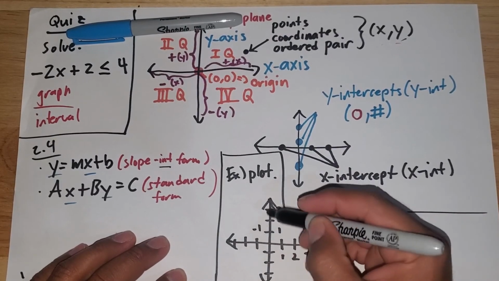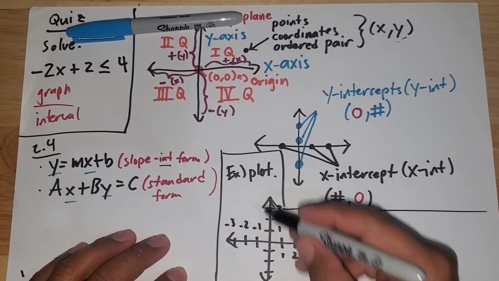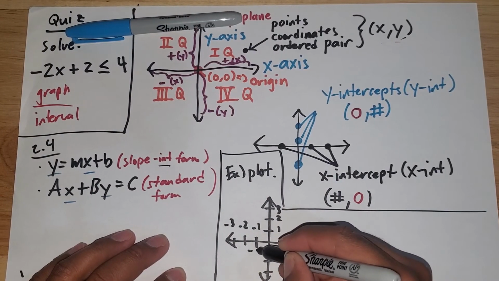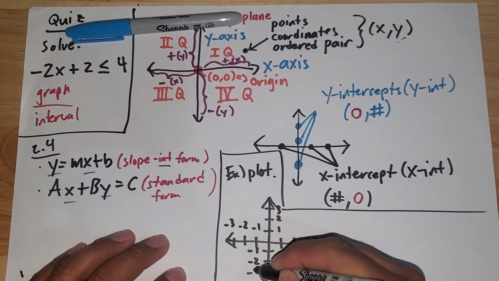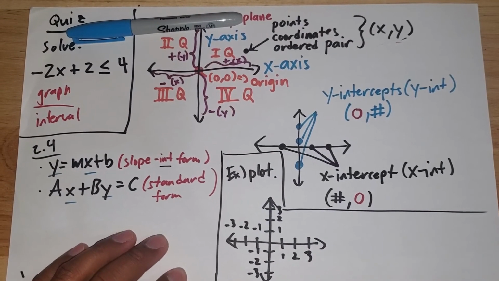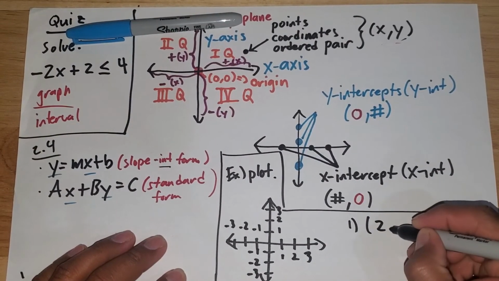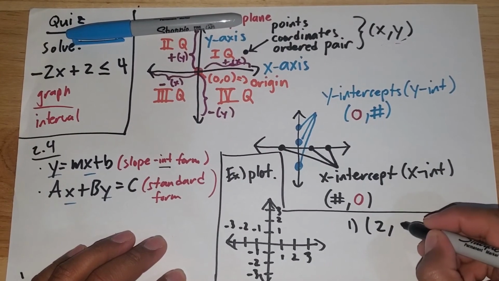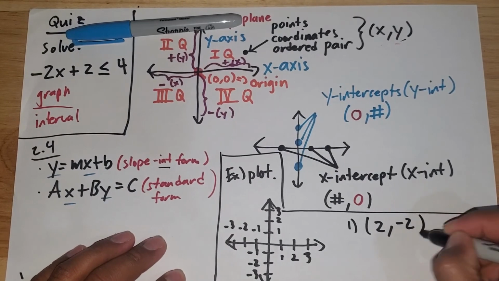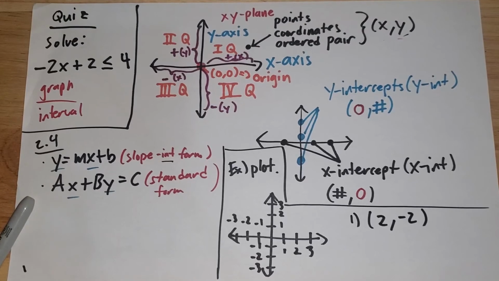This would be negative 1, negative 2, negative 3 for your X. Then we have negative 1, negative 2, negative 3 for your Y. So let's plot some points. Just going to do it at random. I'm going to do 2, comma, negative 2. And let's do a couple more.